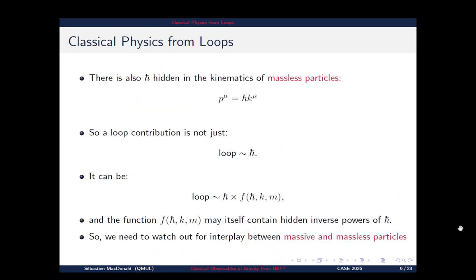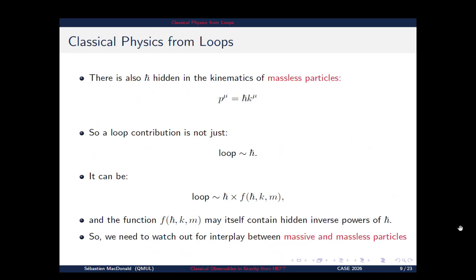What we're missing is also an h bar dependence in the kinematics of massless particles. Classical radiation, for example the light in this room, is more naturally described by the wave number of that radiation. So what we're missing is the h bar dependence when you are doing calculations with massless momenta.